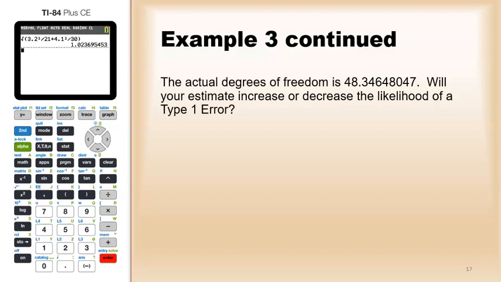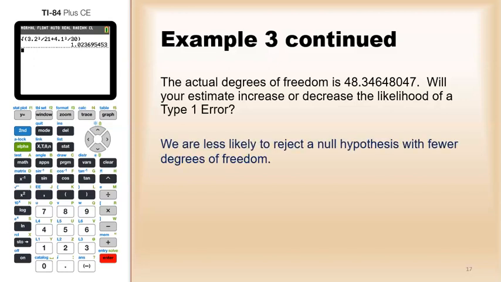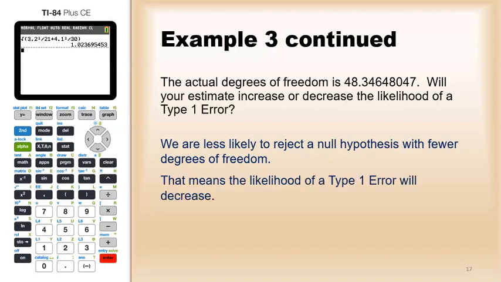That means we're going with less evidence than we normally should have. So that would decrease the likelihood of a type 1 error. So we're less likely to reject a null hypothesis with fewer degrees of freedom. That would mean that the likelihood of a type 1 error is going to decrease. Type 2 errors are going to be more likely, but a type 1 error is less likely.